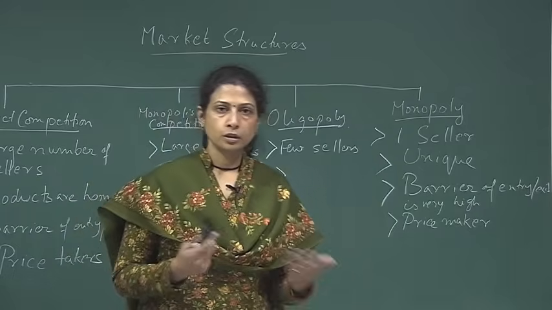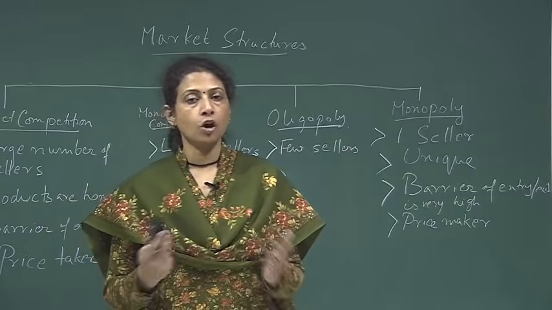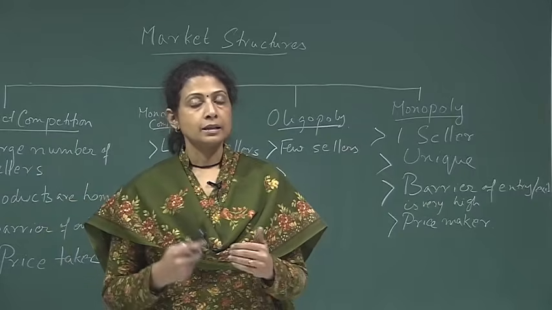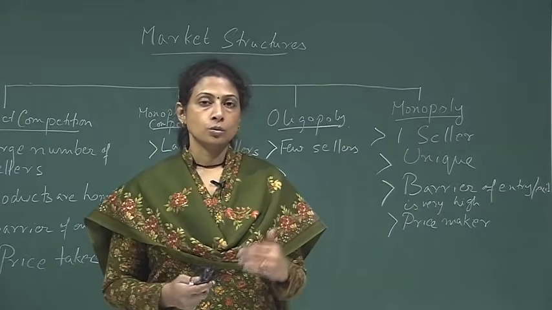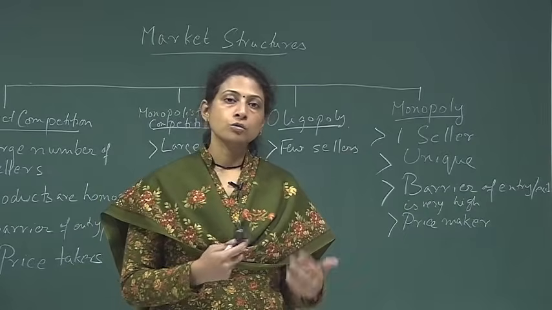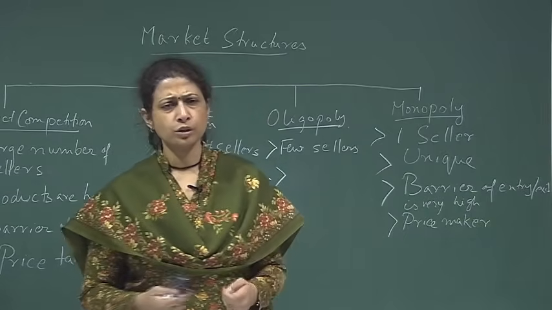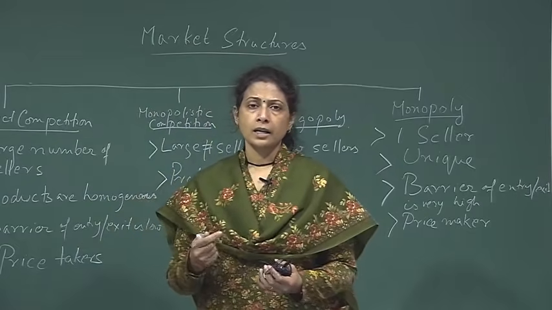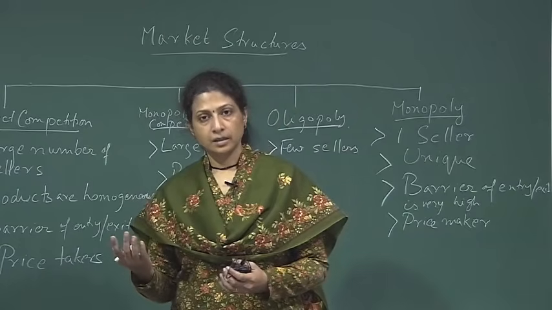Say for example, OPEC, the oil producing and exporting countries, form an oligopoly of oil exporters, and there are few of them in the world market. Crude oil is kind of homogeneous. On the other hand, we have car companies or airlines.